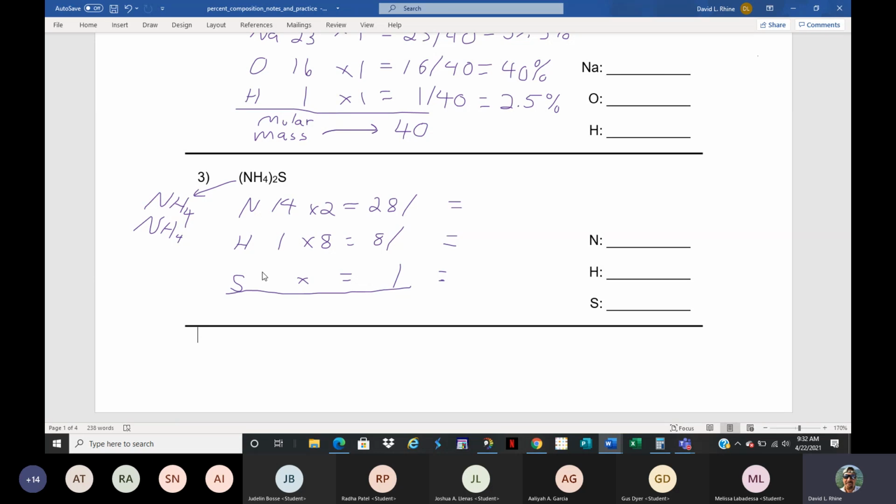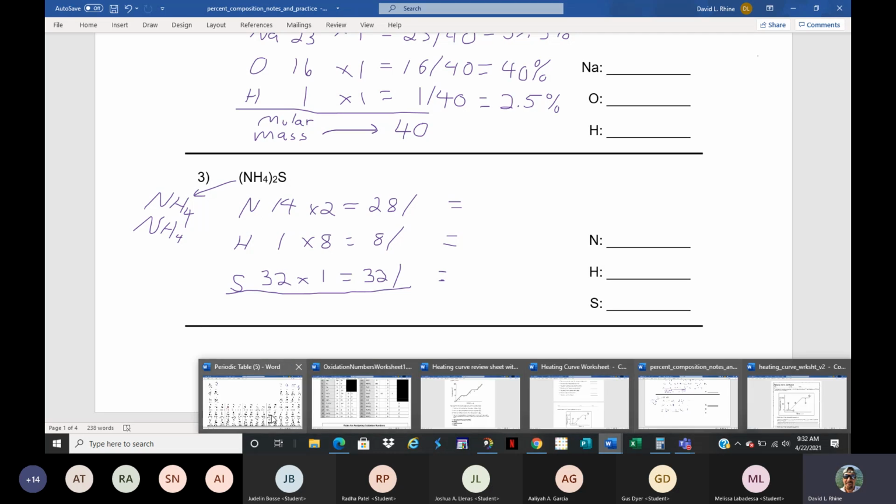Sulfur has a mass of 32. I have 1 of them. So this is 32. Okay. Do I need to go to the periodic table and show you where I got my numbers? Yes, no? Yep.